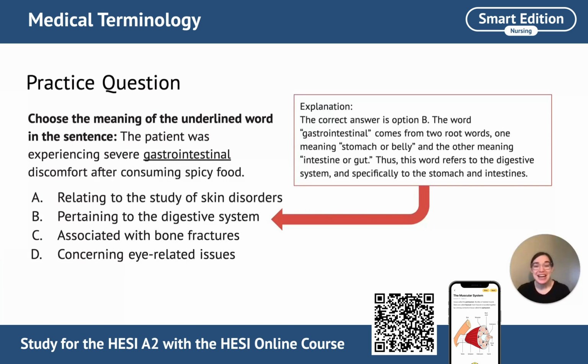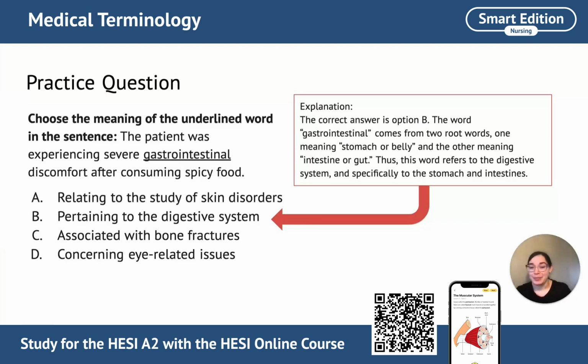And when we break down the word gastrointestinal, we confirm that. So this word comes from two root words. Gastro means stomach or belly, while intestinal means intestine or gut. So this word does refer to the digestive system and specifically to the stomach and intestines, which would indeed be affected and subject to severe discomfort after consuming spicy foods, especially if you are not used to consuming spicy foods.